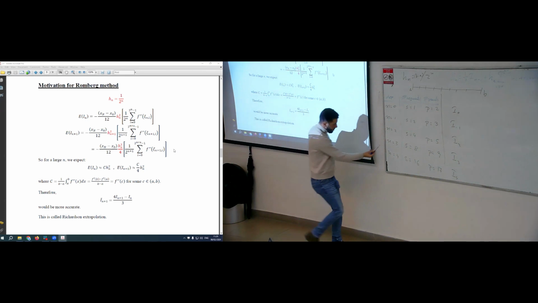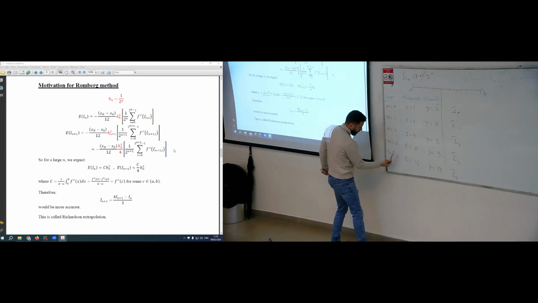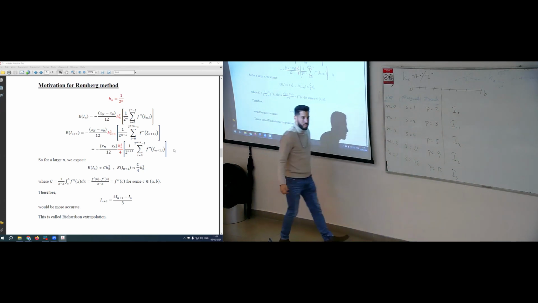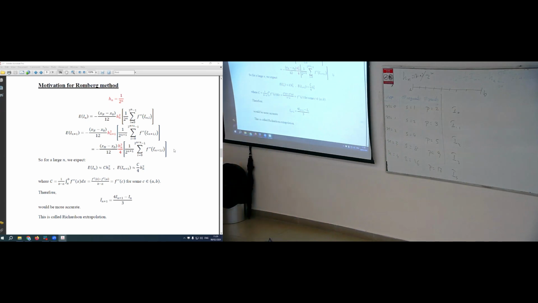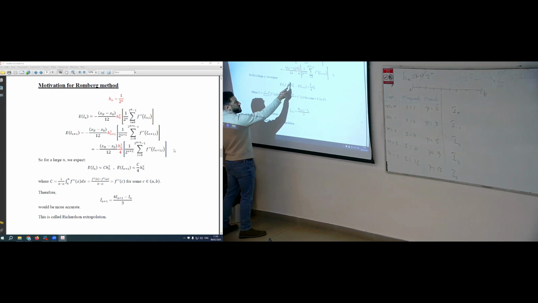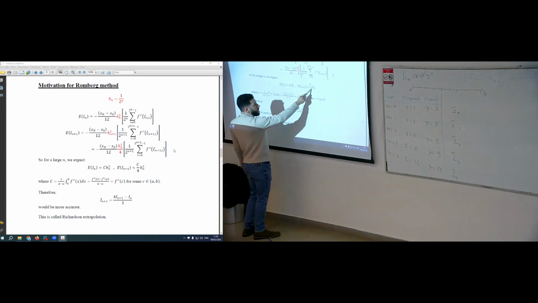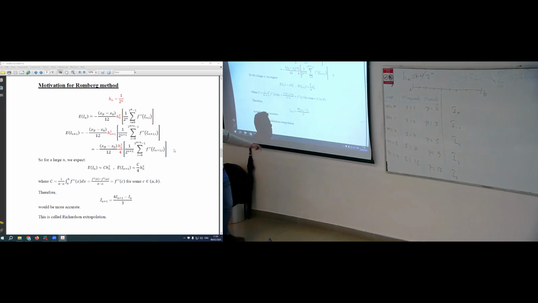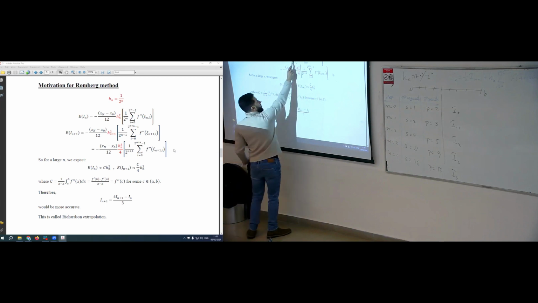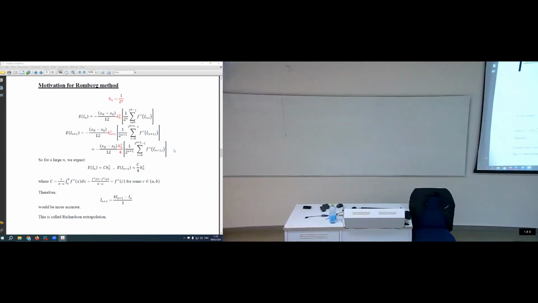So if we compare two steps, the error of them will be (c plus epsilon 1) hn squared, and the other (c plus epsilon 2) over 4 times hn squared, because hn plus 1 squared is hn squared over 4.